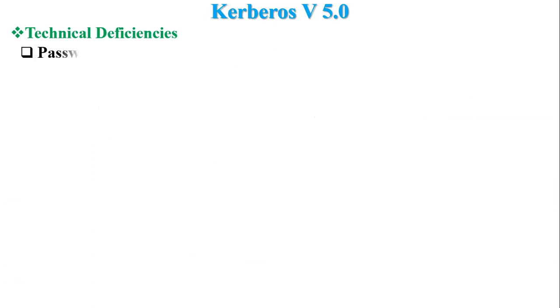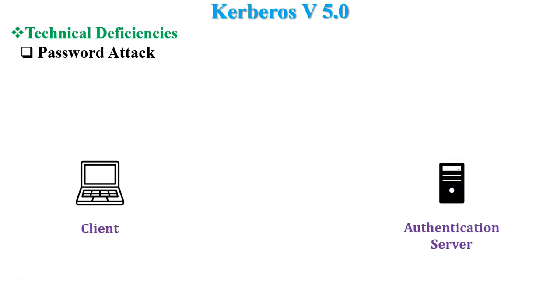Next technical deficiency is password attack. Let's take one example to understand the password attack. For example, there is one client and one authentication server. Now the client wants to access services from the authentication server. The message from the authentication server to the client is encrypted with a key based on the client password.